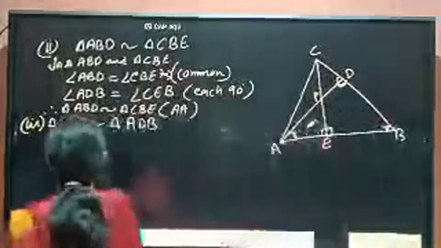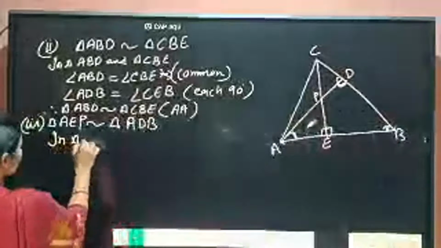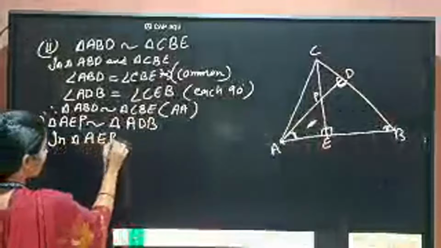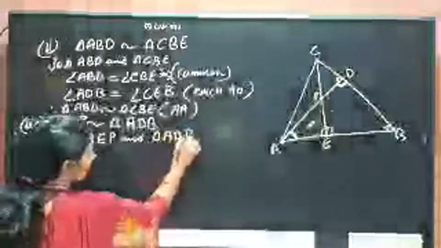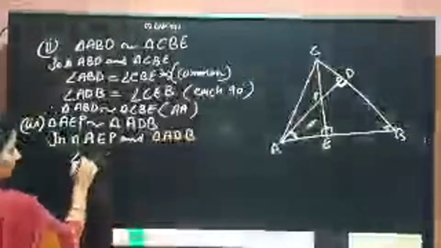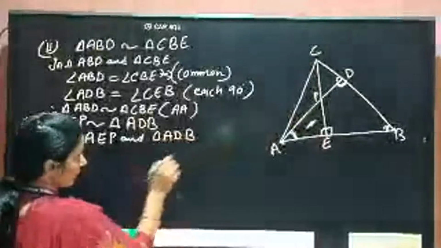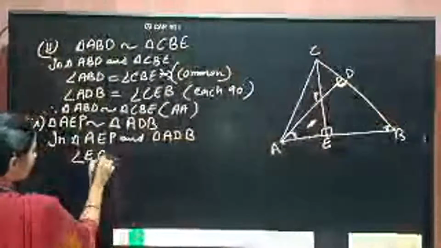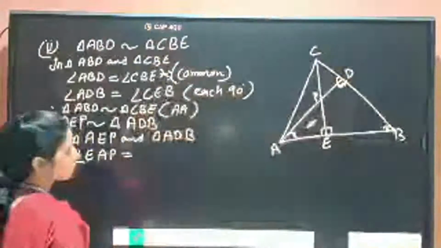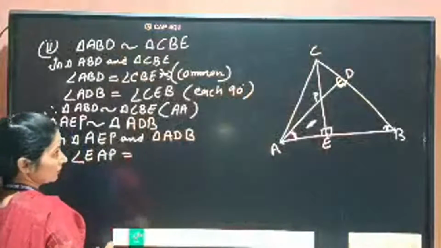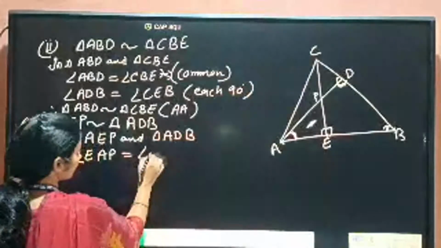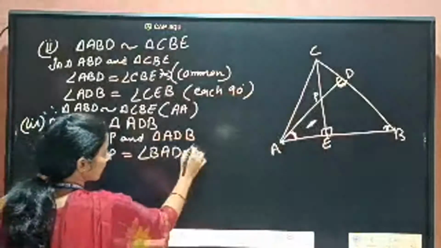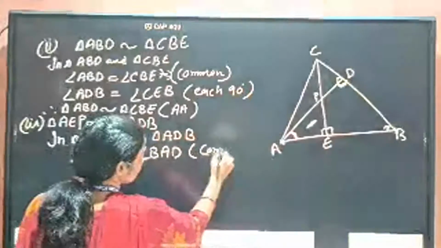Now in triangle AEP and triangle ADB, you will see angle EAP, I can write, equals to, in triangle ADB, angle BAD.